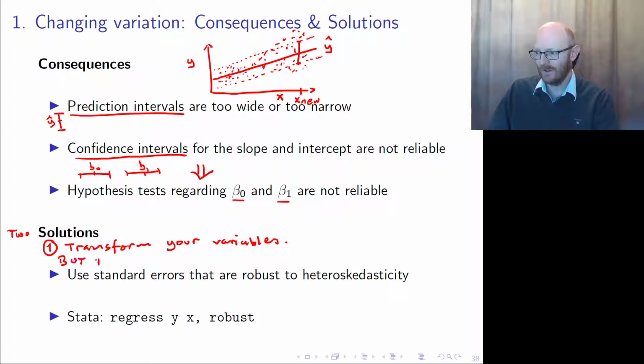The easiest is number 2 here: use standard errors that are robust to heteroscedasticity.